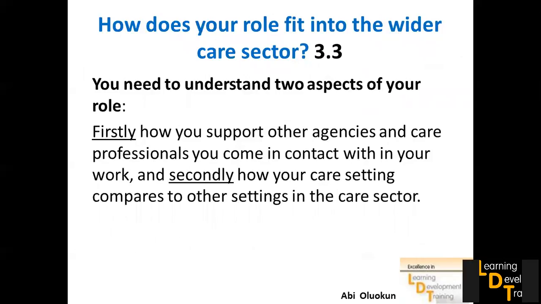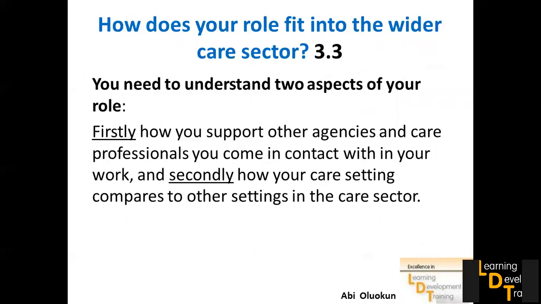So for you to answer 3.3, which is you describing your role and how it links to the wider care sector, you need to understand 2 aspects of your role. Firstly, how you support other agencies and care professionals you come in contact with in your work. There are other people that you work with.